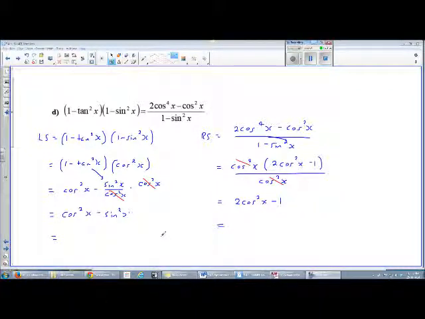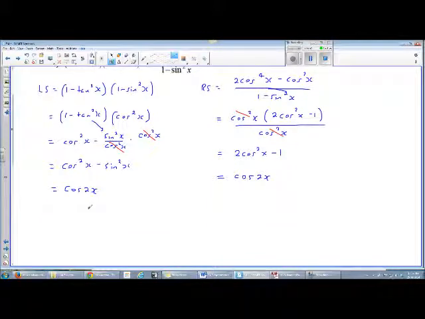So by looking at those formulas, we see that this is the same as cosine 2x. And this also, that's another form of cosine 2x, the double angle formula.